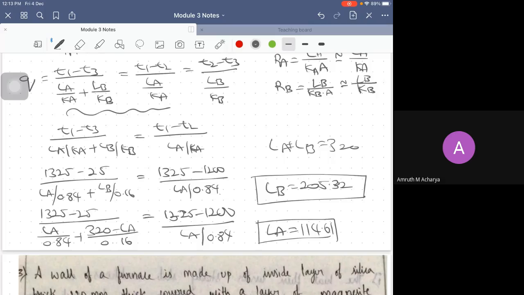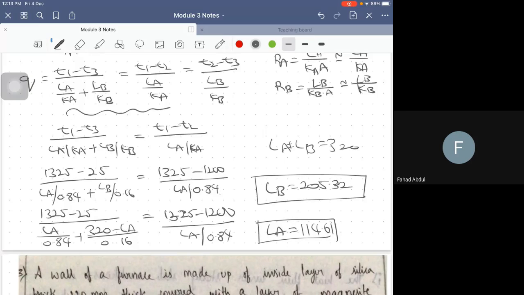Ashwin K.A. Chandan C, present, sir. Fahad, present, sir.